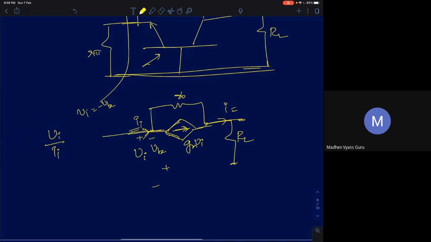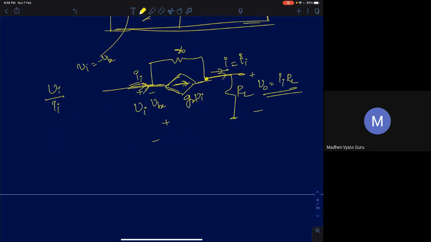II is the current entering here, so the current coming out of this will be the same II. So the voltage at this point, V0, will be II into RL. This node voltage is V0.